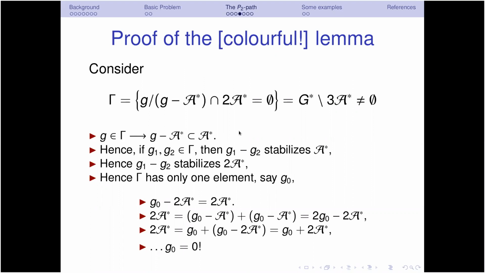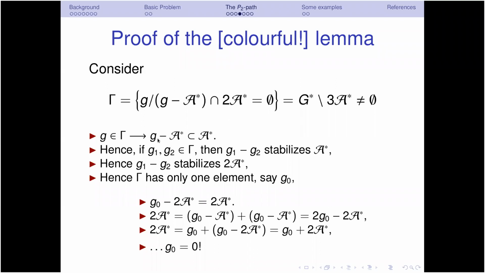And of course, if it was G plus, you would be home, you would say G equal to 0, because A star has no stabilizer. A stabilizer of A star would stabilize A star plus A star. But you have a minus, so you have to play some game.